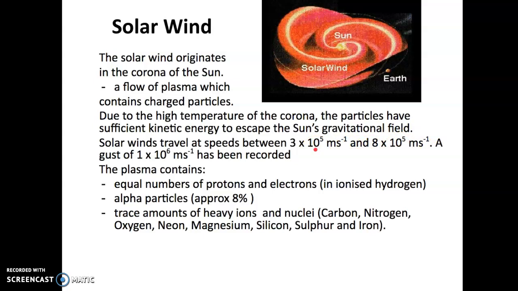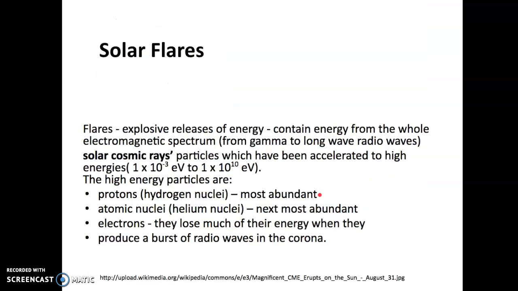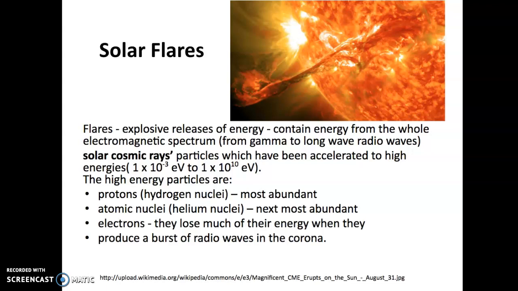It's ionized particles, and again, mostly subatomic, but nuclei of higher order atoms, and they impact on the Earth. They arise from solar flares. So you've got solar activity, solar storms, and it's that produces this solar radiation.